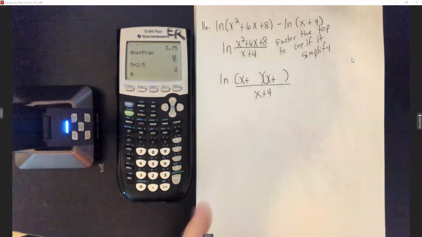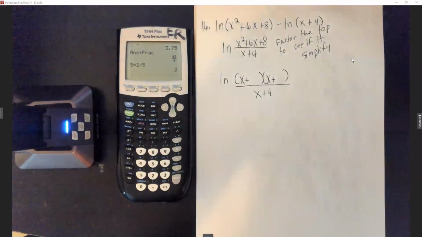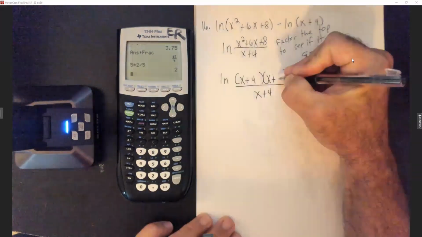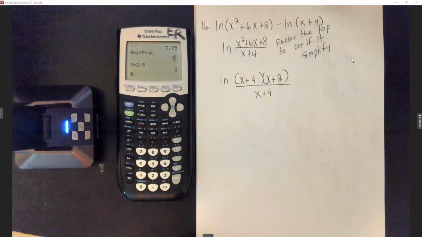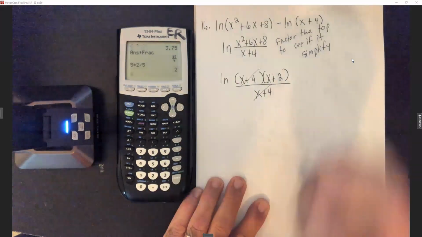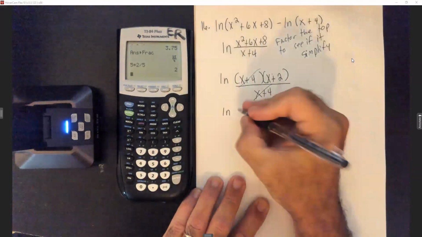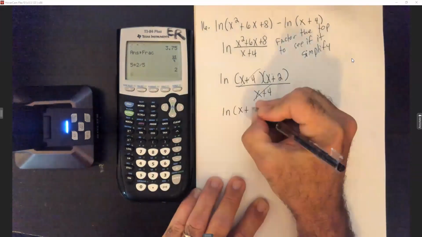So that would be a 4 and 2, right? 4 times 2 equals 8. 4 plus 2 is 6. So this would be a 4 and a 2, which means we can now cancel out the common factor x plus 4. So your final answer is ln(x plus 2).